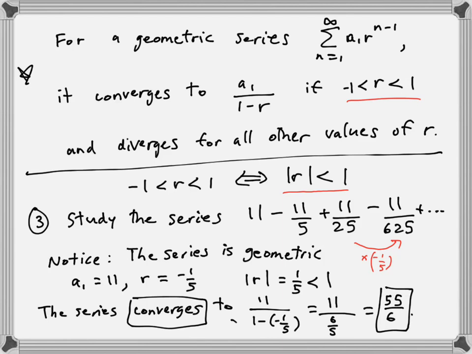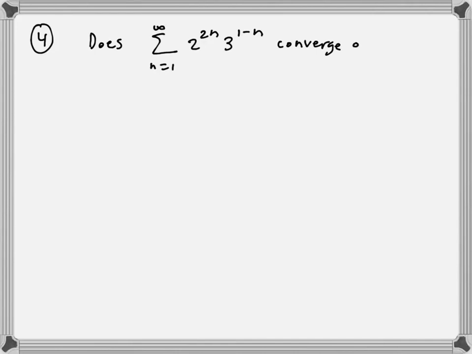Okay, let's try another one. Does the following series, 2 to the 2n times 3 to the 1 minus n, converge or diverge? Now, it's hard to say whether this thing converges or diverges just based on looking at it, right?